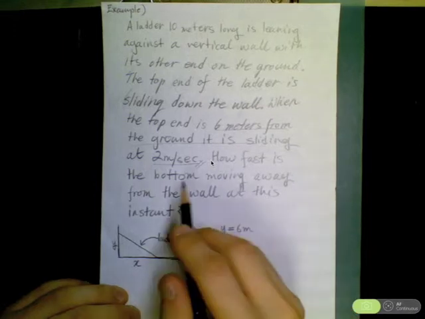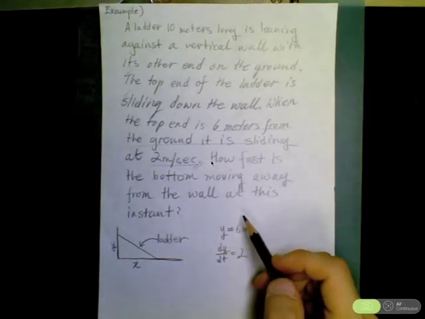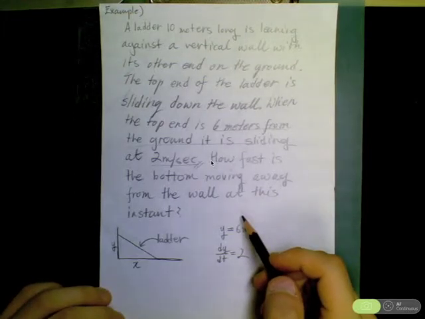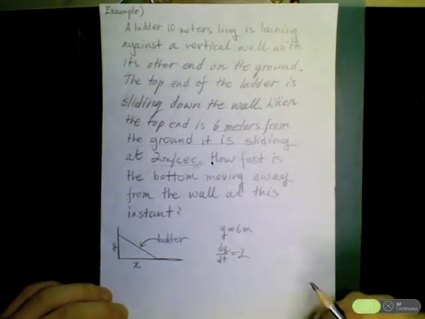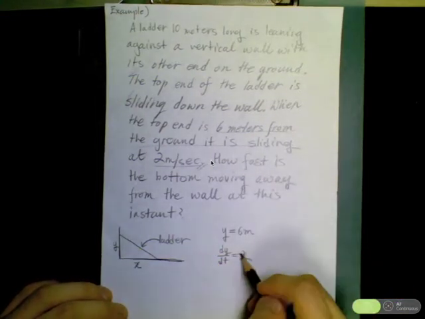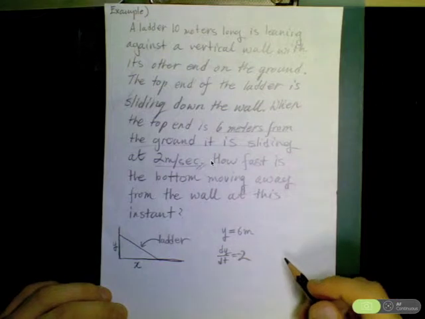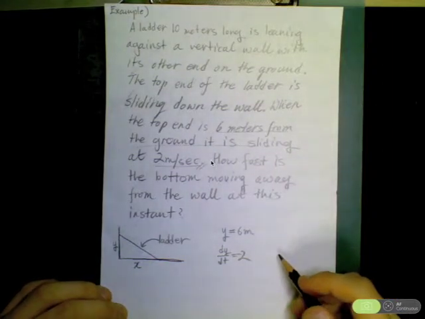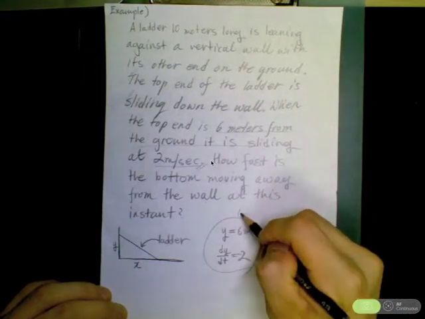So it's sliding down at 2 meters per second. Actually, I made a mistake. It's -2 because it's sliding down. And yep, these are the given data.